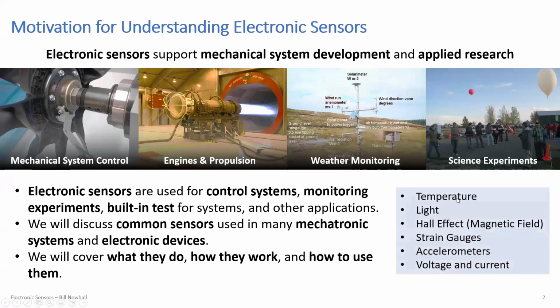We're going to talk about temperature sensors and light sensors and Hall effect sensors that sense magnetic fields, strain gauges that you can use to measure weight or acceleration. We'll apply that to accelerometers and gyroscopes, and we'll talk about measuring voltage and current so that you can calculate values like power delivered.